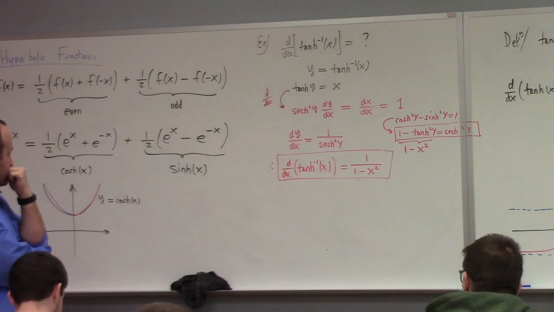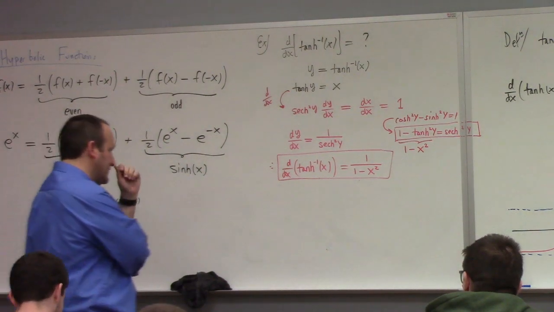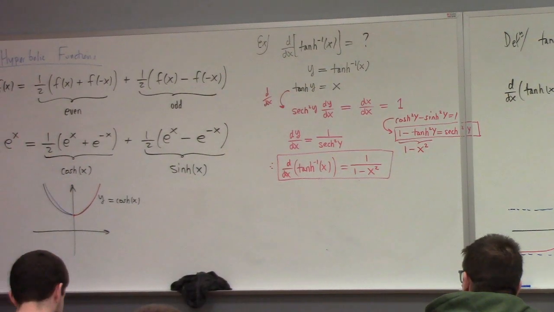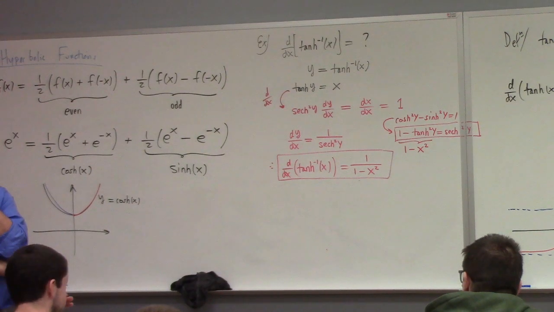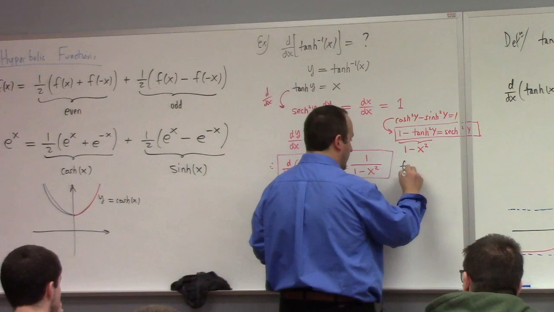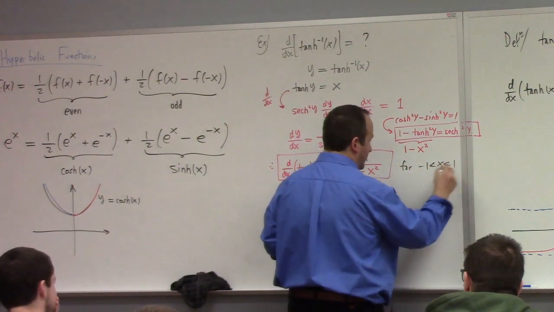What was the domain of the inverse hyperbolic tangent is really my question. -1 to 1, right? So this is for -1 to 1. Very good.